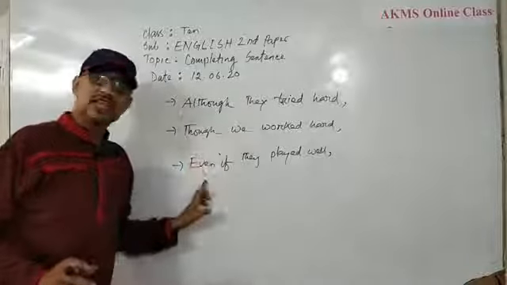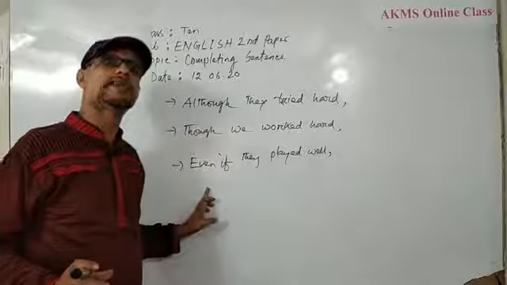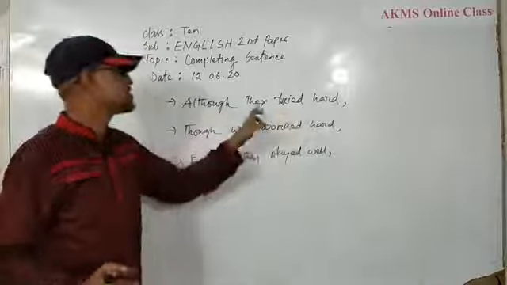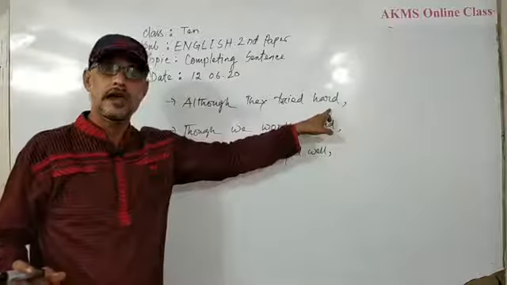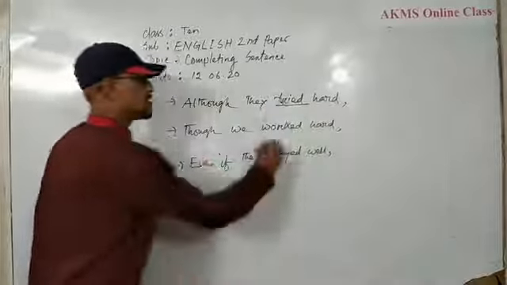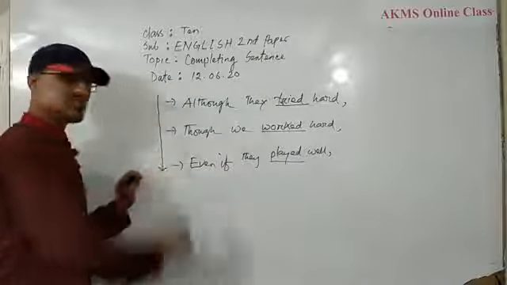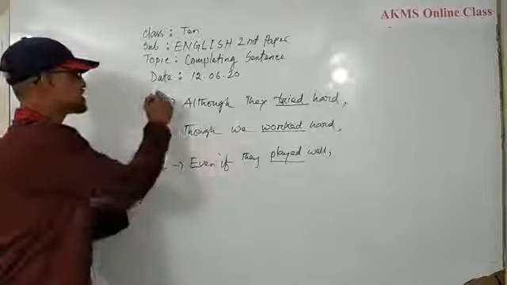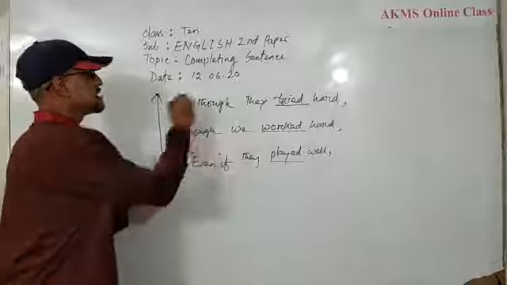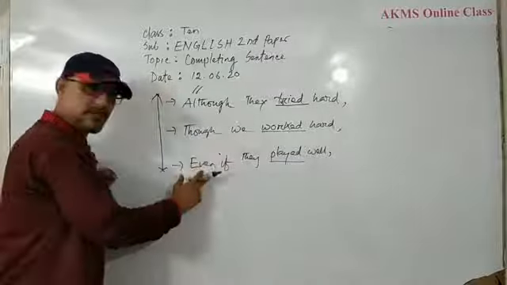Although, though, and even if, these three conjunctions are used to make a complex sentence. After these conjunctions, there will be a clause, and it has a verb. You can identify what type of sentence it is. These sentences are complex sentences, combined with although, though, and even if.